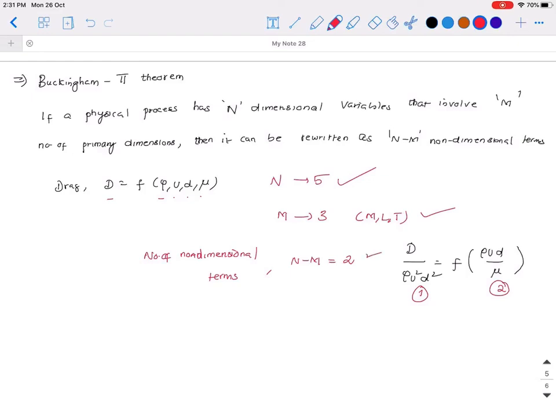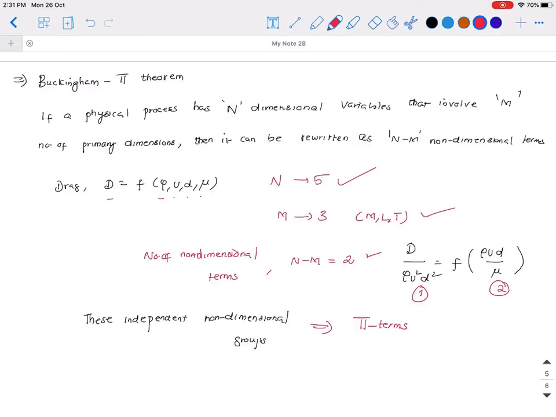The non-dimensional groups obtained are independent. By independent we mean one cannot be formed as a combination of the others. These independent non-dimensional groups are called pi terms.